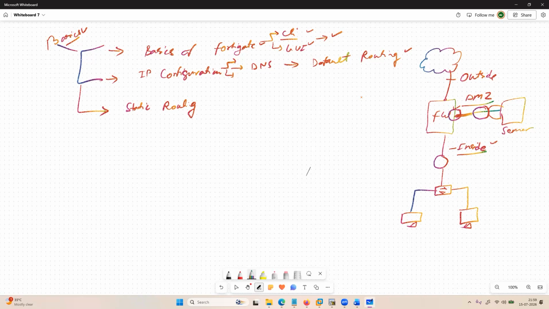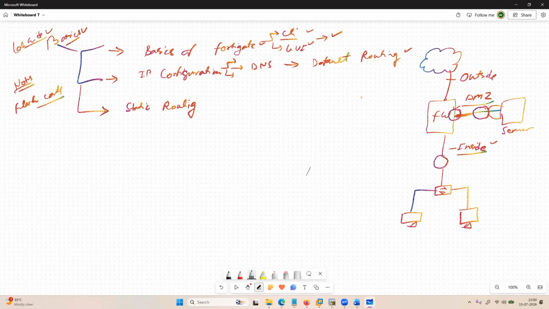Sir, apart from the lab guide, do you also provide some theory notes so we can prepare for interviews? That will already be included inside your lab guide. Your notes, like you are asking about flashcards and all those, I think. The theory, like how the FortiGate packet flow works, with images, will be included inside your lab guide.